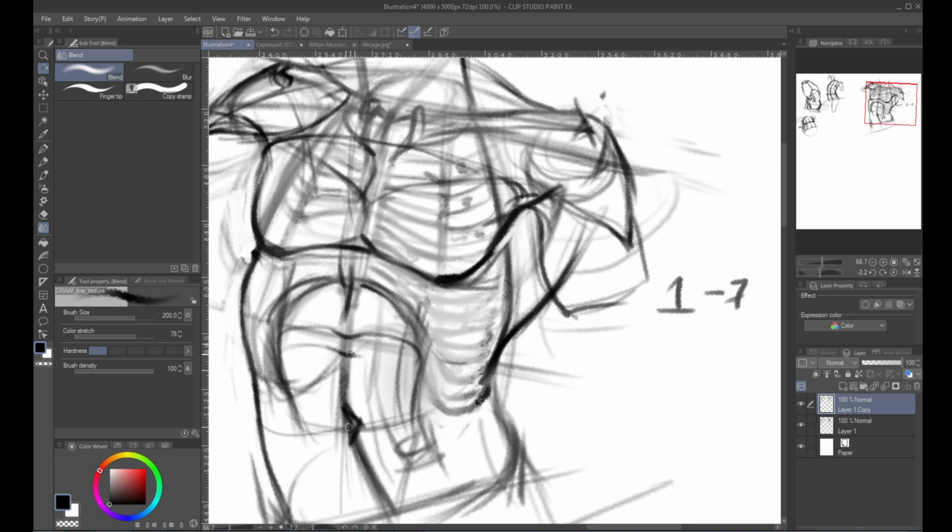And now we can try finding or creating the forms of our individual abs.